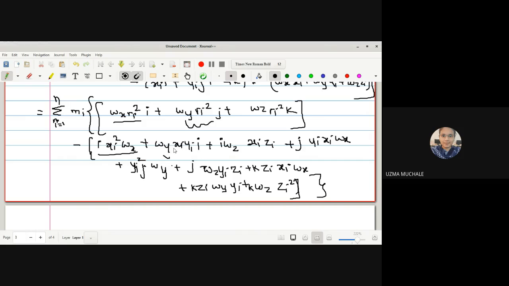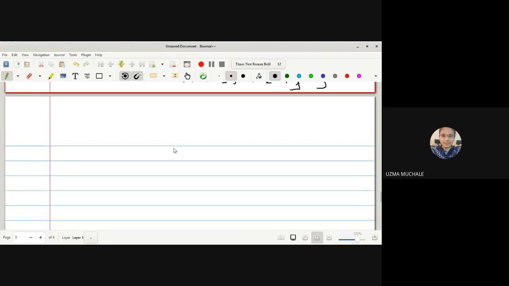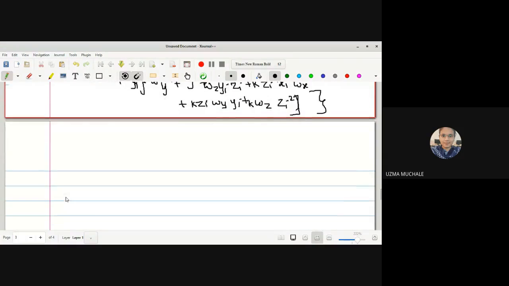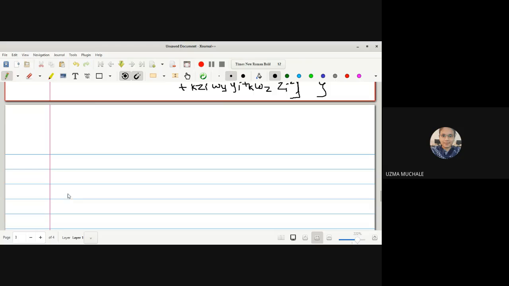So in this way, I will write this directly so that you can understand, by taking the coefficients i, j, k common. This is i, and wherever you have i, this is i, here is also i. So wherever you have i common, we have to take i common and multiply that mi inside. So what this means is, wx if I take common, this is summation over i.